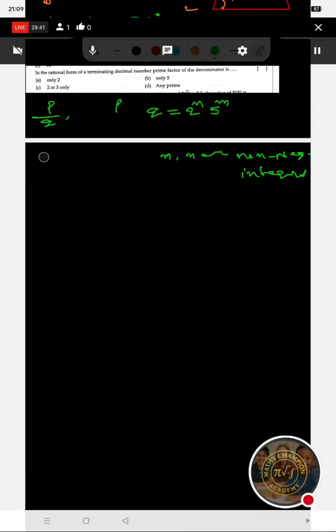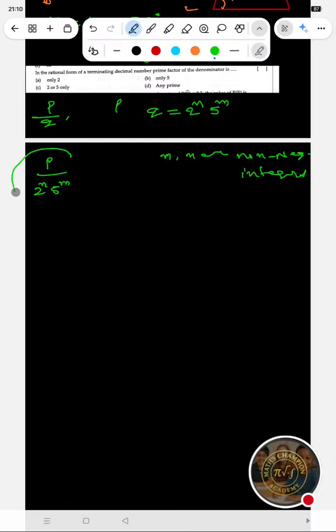So our denominator should be 2 power n into 5 power m. If this is there, it is a terminating decimal number.